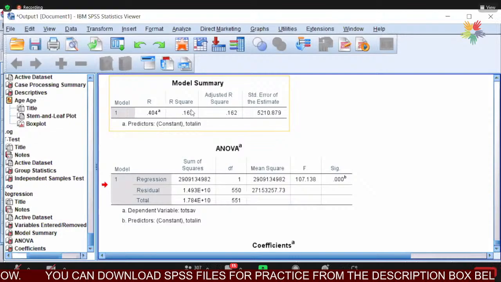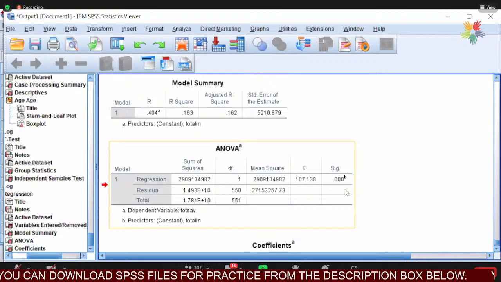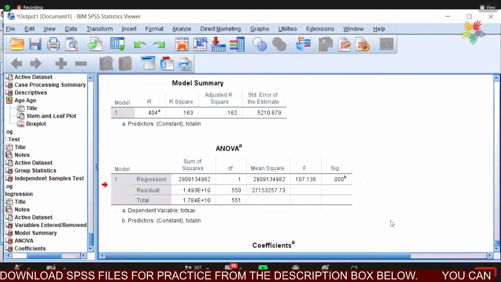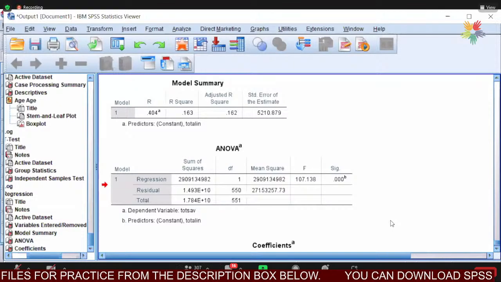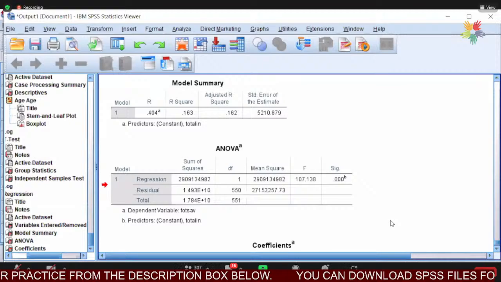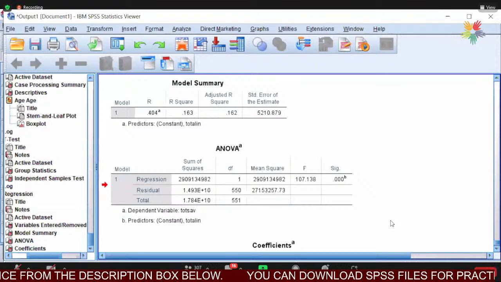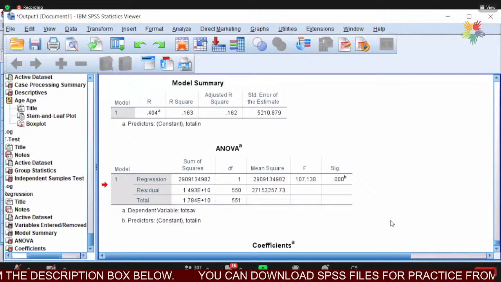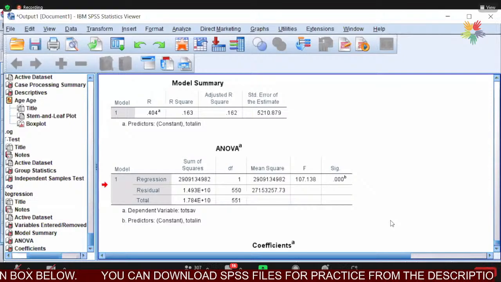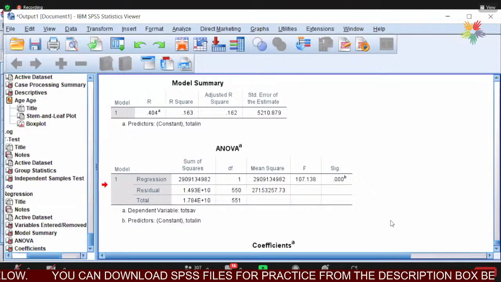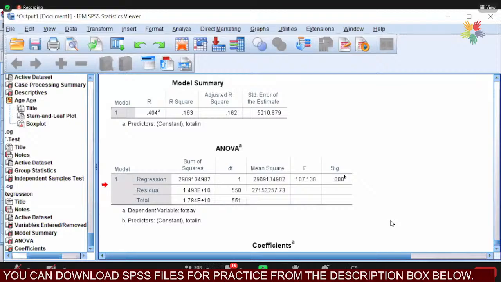When ANOVA is significant, we are predicting the changes in saving significantly. So our model is okay, and whatever variables are included are sufficient.